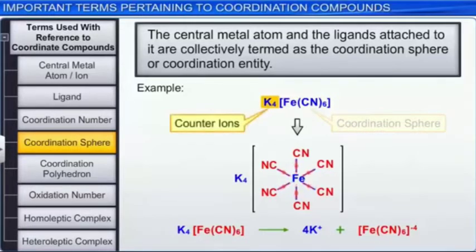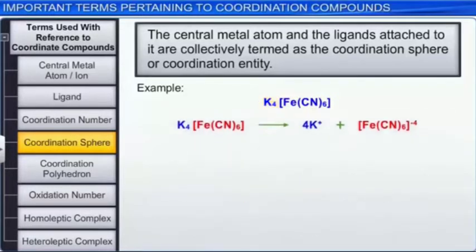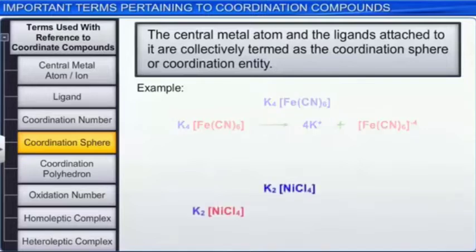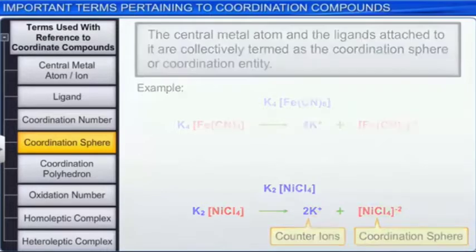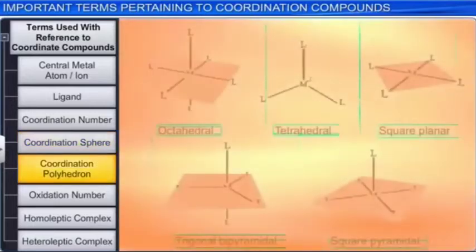For example, in the complex K2[NiCl4], the coordination sphere is [NiCl4]2-, and the counterion is potassium. Coordination polyhedron is another term we use in coordination chemistry.